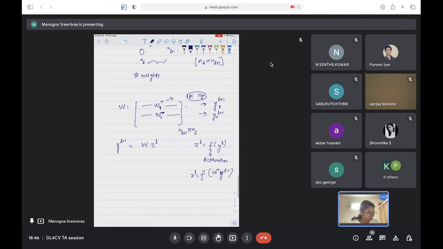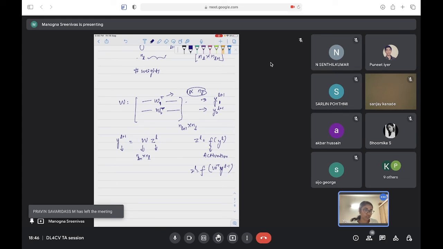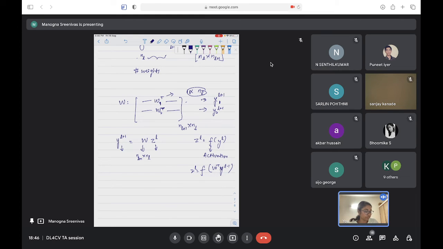So what is the dimension of this vector, and this vector? So this is N_(L+1) cross N_L, right? So what should be the dimension of this and this? This is the output I am getting from layer L, right?